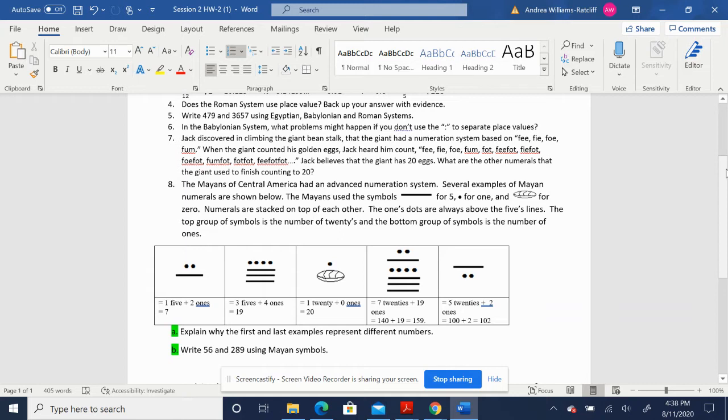If that's the case, I've established words or numerals for quantities up to 5: 1 fee, 2 fi, 3 fo, 4 fum, and 5 fought.